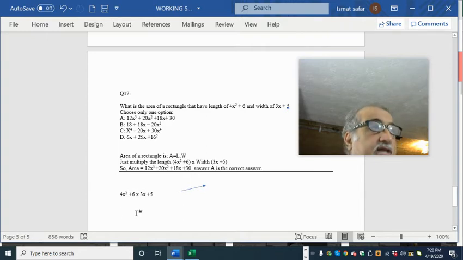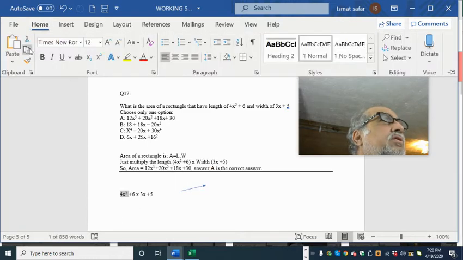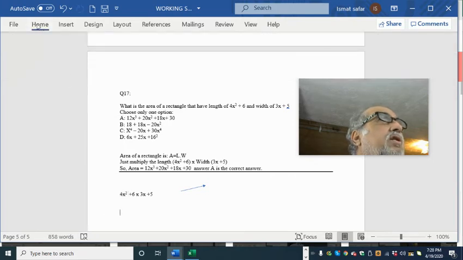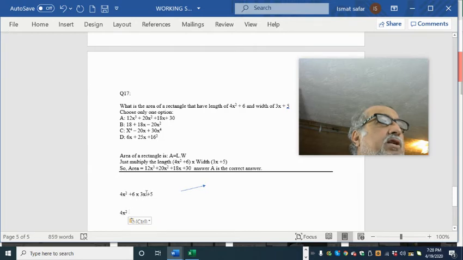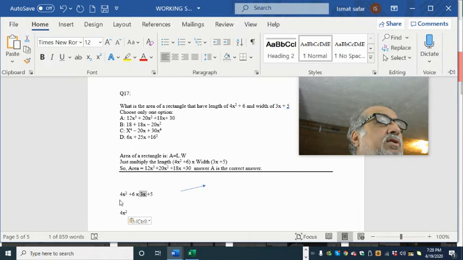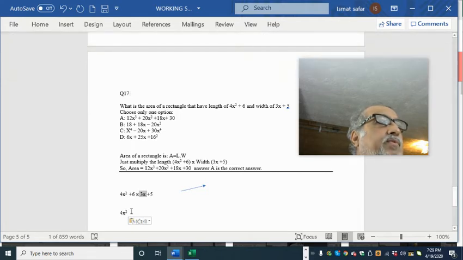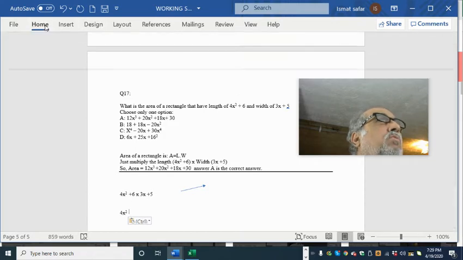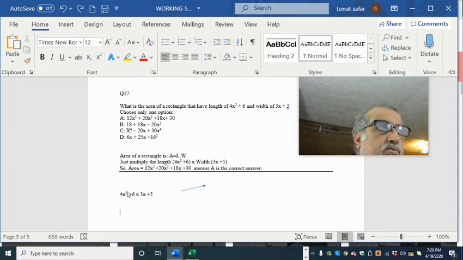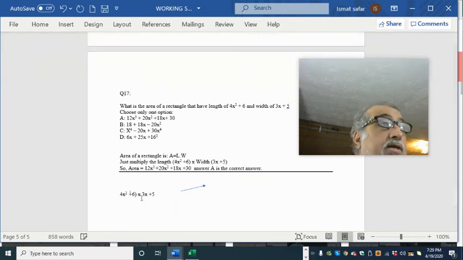We have 4x squared plus 6 times 3x plus 5. Parentheses are very important. We'll do it in an easier way.